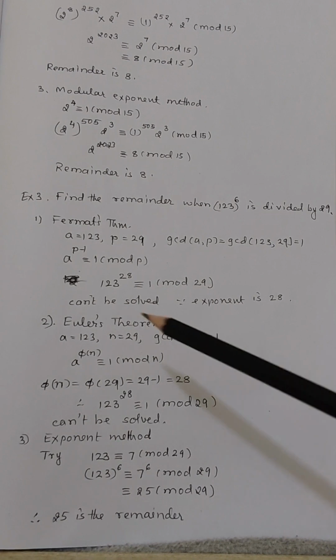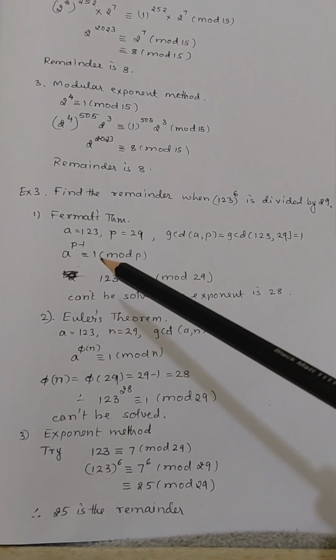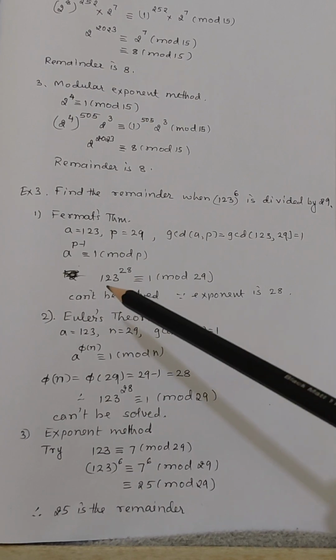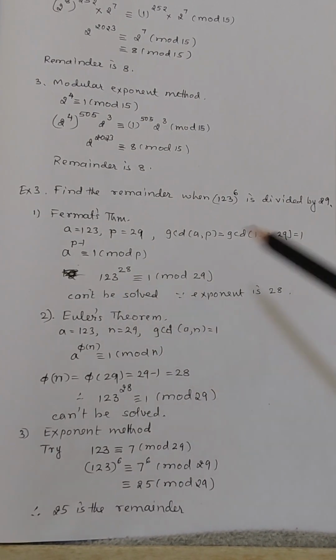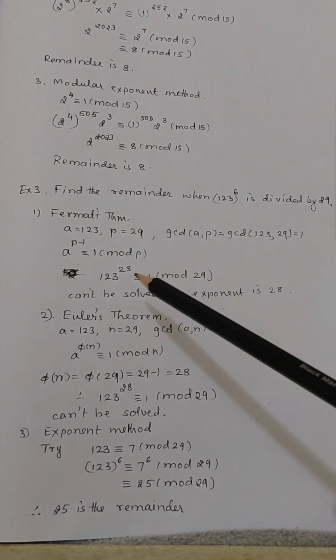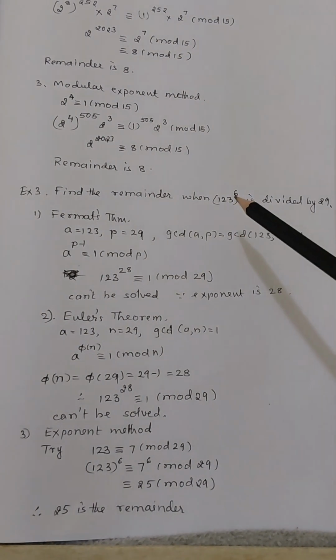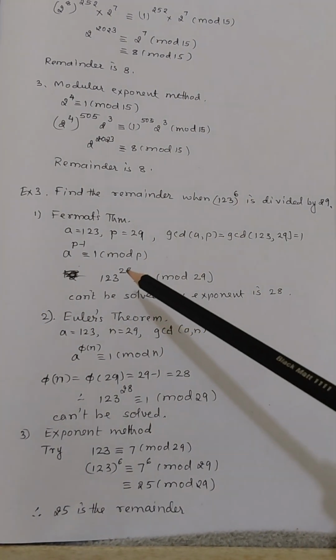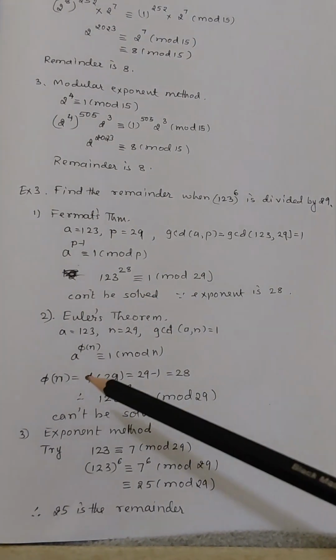When we apply Fermat's theorem, A power P minus 1 is congruent to 1 mod P, it becomes 123 to the power P minus 1, that is 28, is congruent to 1 mod 29. But we want only 6. Here it is larger, 28. So we don't use Fermat's theorem.